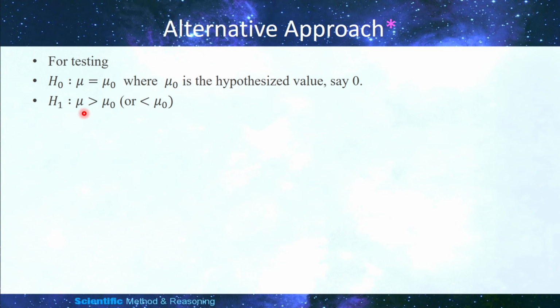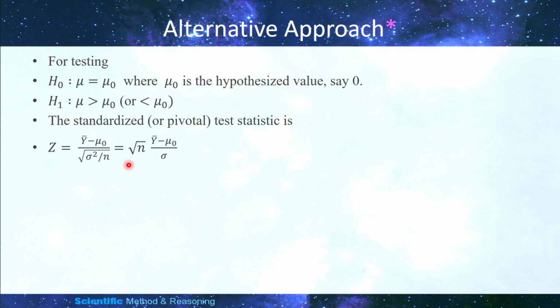We only have a one-sided alternative in this course. The standardized test statistic is simply the observed sample mean minus the hypothesized mean divided by the square root of the variance of the sample mean, which is essentially root n times y bar minus mu naught over sigma. This test statistic is known to follow a standard normal distribution if the null hypothesis is true.